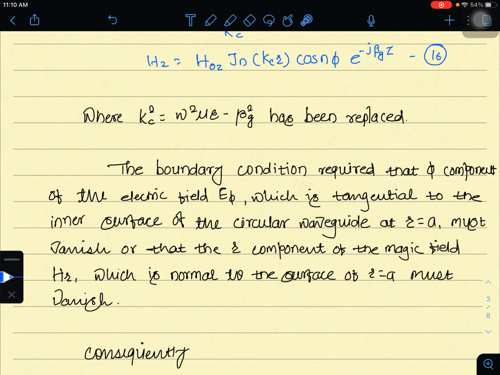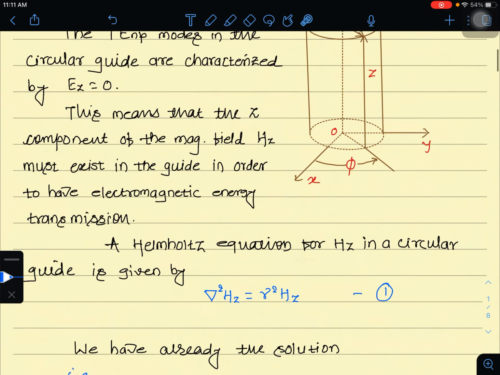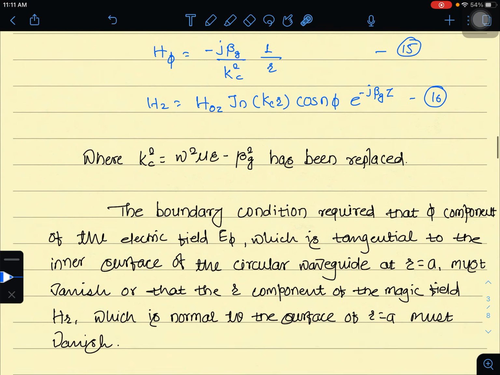So from the boundary conditions we require the φ component of the electric field Eφ. Now let us suppose that in a circular waveguide r is equal to a. In that diagram we see this r and this a are both the same.